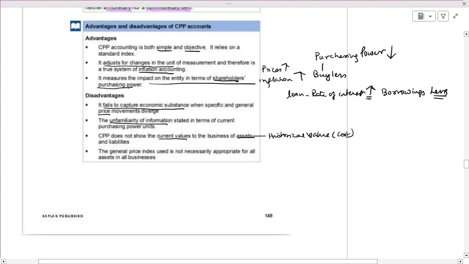The general price index is not necessarily appropriate for all assets in the business. For learning purposes, you have to remember this. That is current purchasing power accounting. Very important. I will always say, you have to understand, remember and memorize.